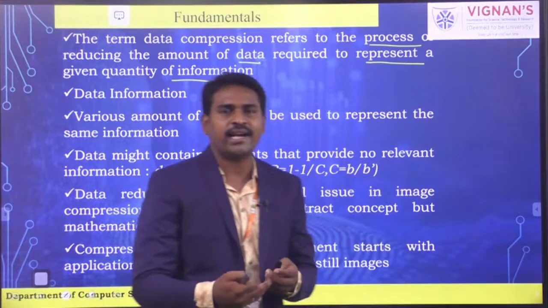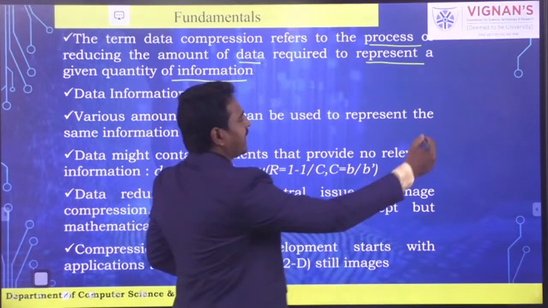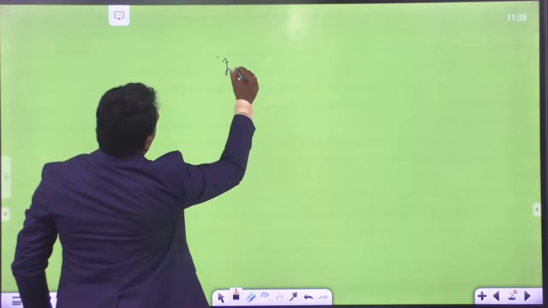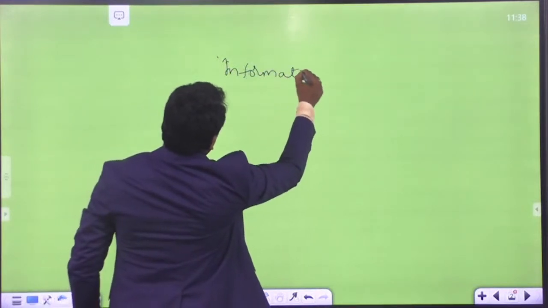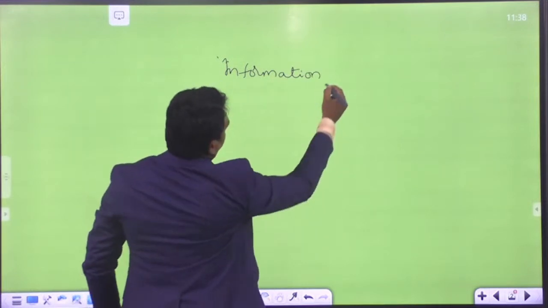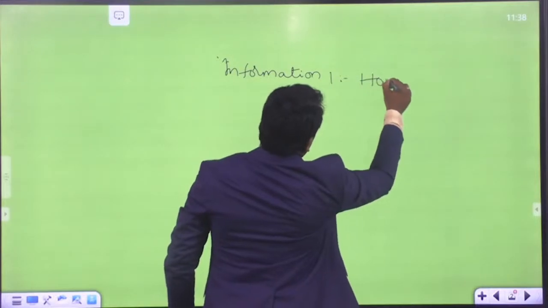Before understanding image compression, let us start with a string. Let us take some data. This is the information I would like to convey. The information is, this is the first representation: How are you?